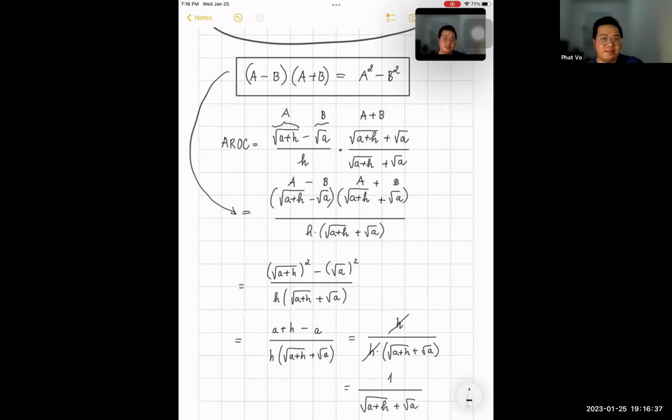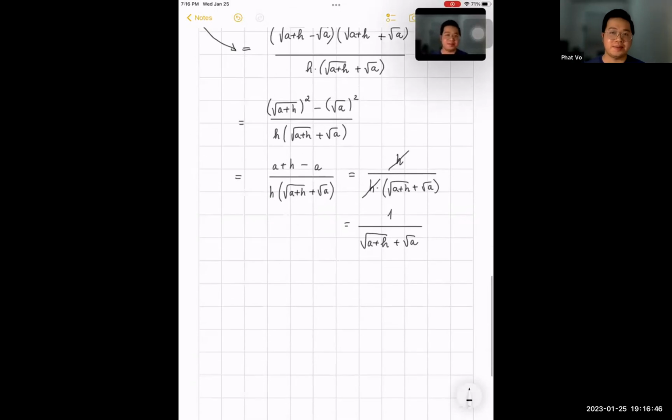The technique here is similar, so you can practice more in some homework. Okay, any questions so far? Okay, hope it's clear. It's just a technique for you to simplify the average rate of change. I also give you some exercises to practice.